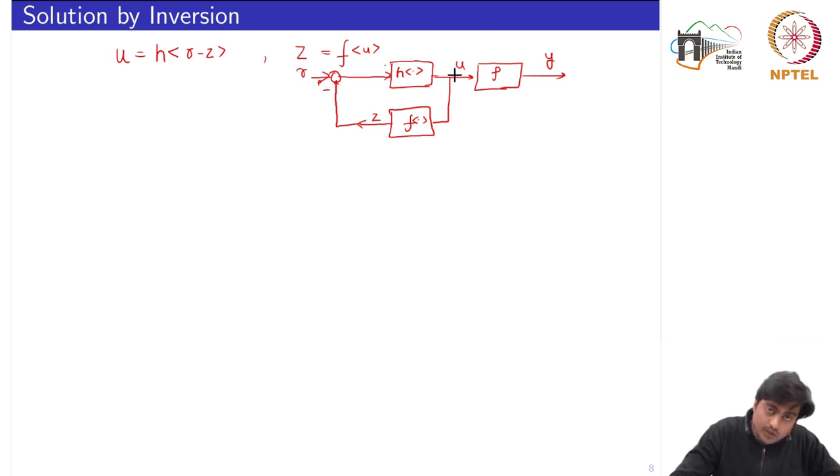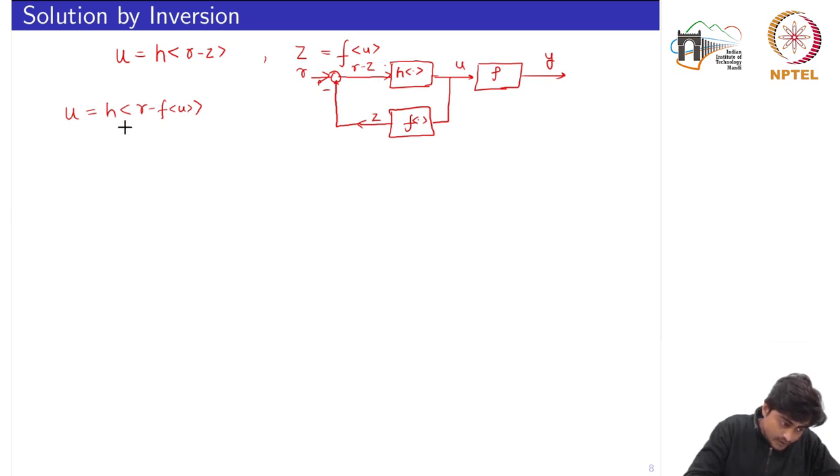So if you see, u now becomes equal to h, which is a function of r minus z. So here we would have r minus z, and z is a representation of this actual plant given by the function f. Okay, so now substitute z from here to here, we would have u is equal to h of r minus f of u.